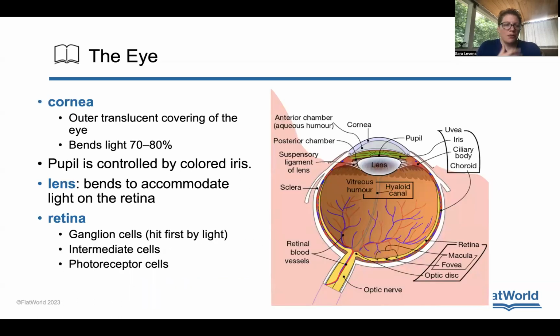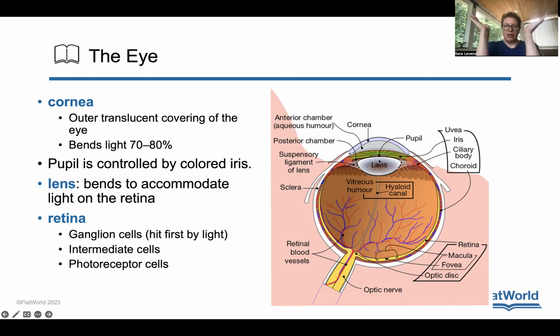All right, so beginning with the eye, here's a nice graphical picture. The cornea right here is the outer translucent covering of the eye. It bends light when it enters, about 70 to 80%, so that it can land really well within the retina.